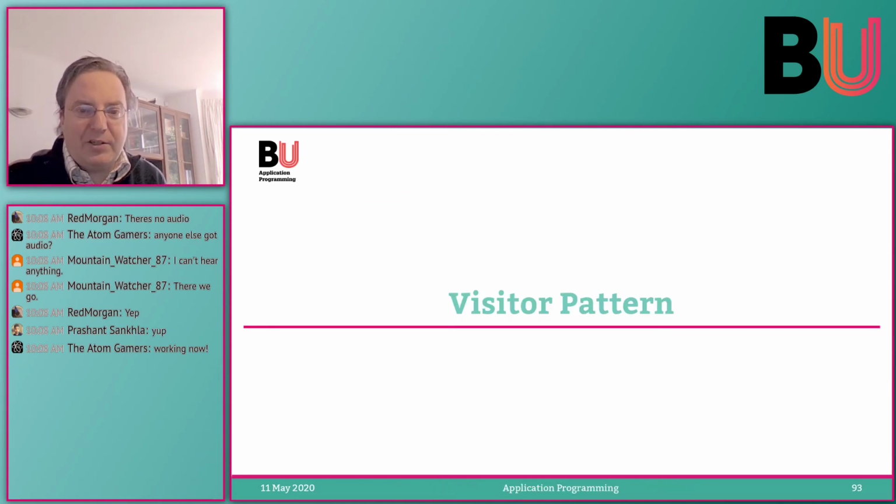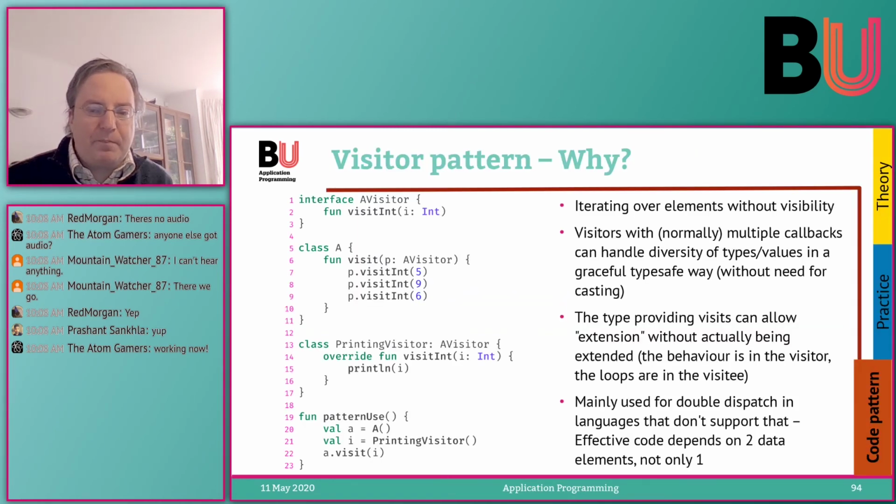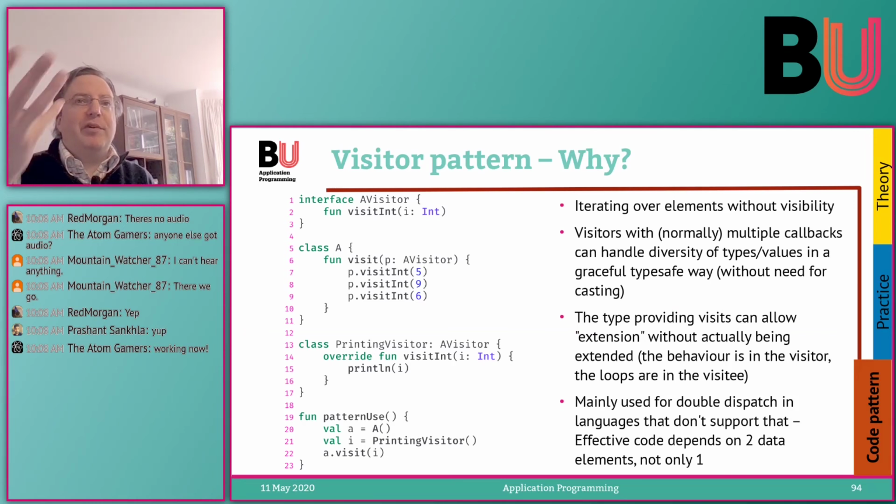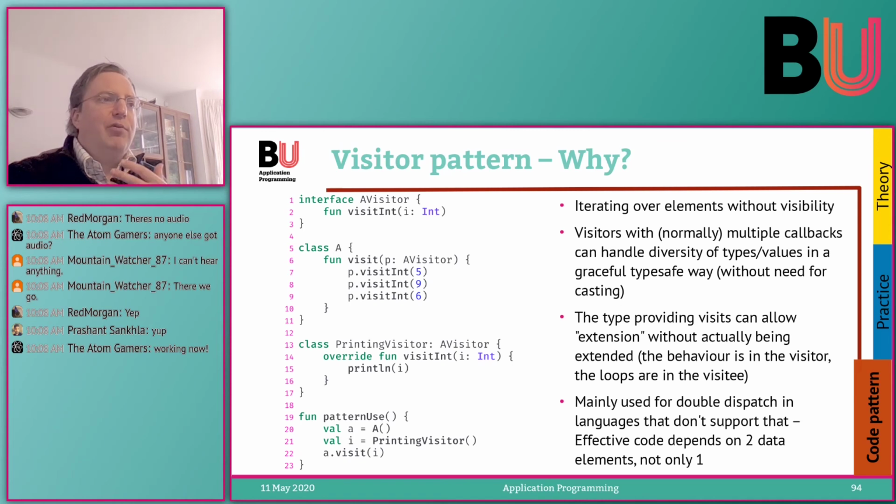The visitor pattern allows you to, sometimes you want to do something for each element, maybe even have a visitor that could have a return type. So you want to allow people to add functionality in relation to your type, but you cannot do something specifically. You can use the visitor pattern.